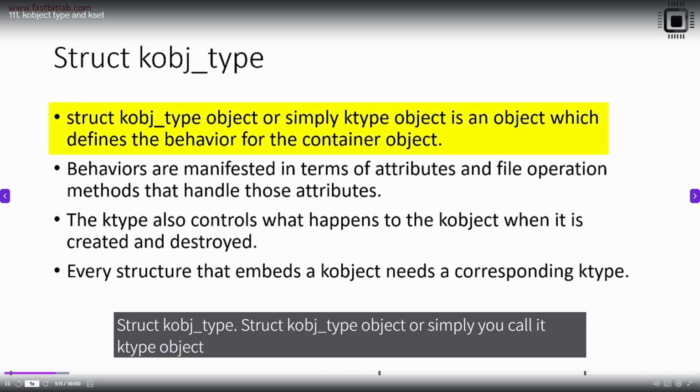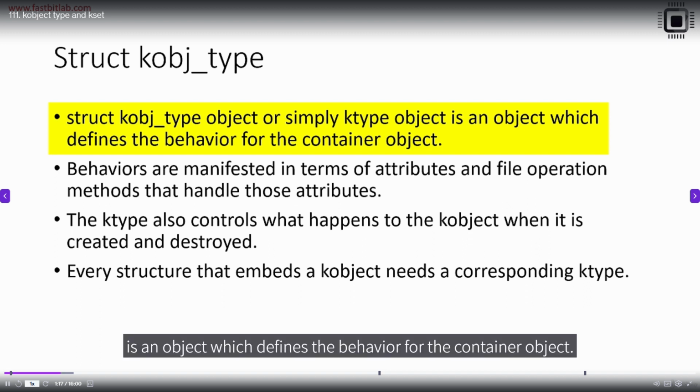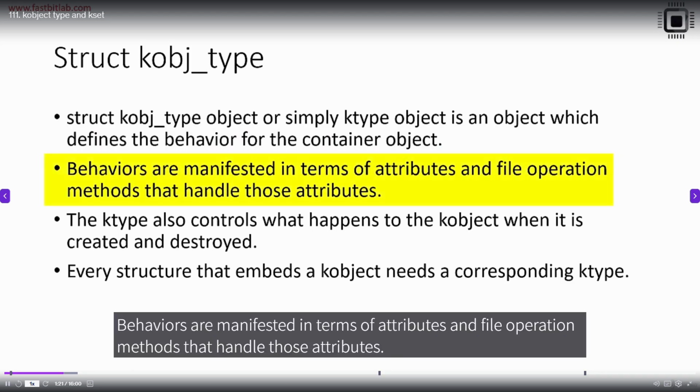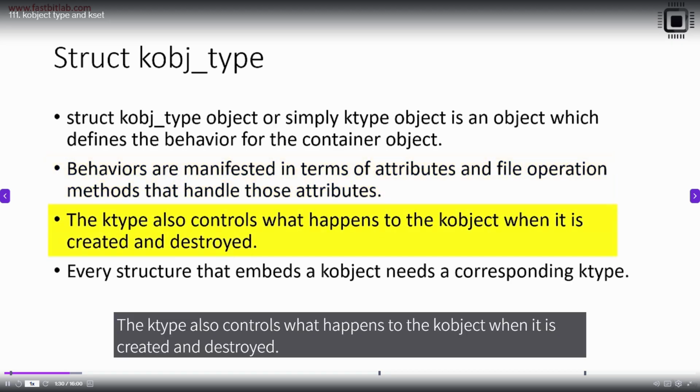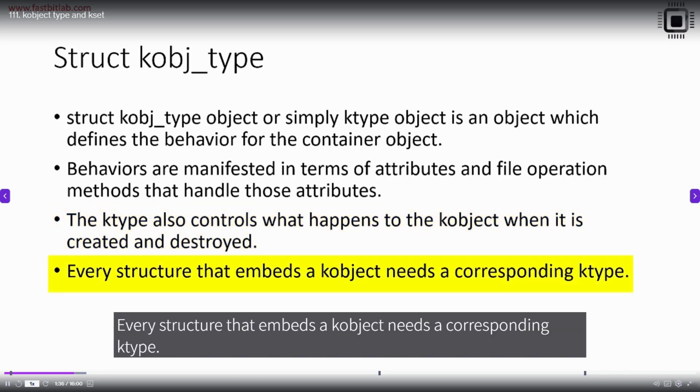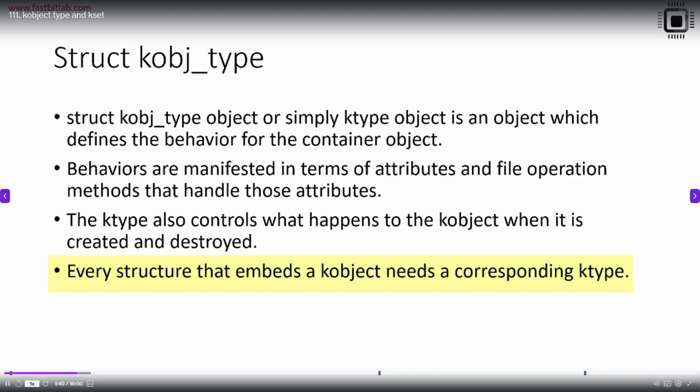A struct kobj underscore type object, or simply a k-type object, is an object which defines the behavior for the container object. Behaviors are manifested in terms of attributes and file operation methods that handle those attributes. The k-type also controls what happens to the k-object when it is created and destroyed. Every structure that embeds a k-object needs a corresponding k-type.